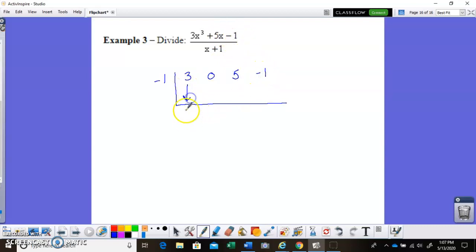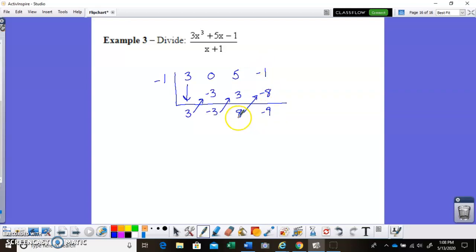Bring down the first number, multiply, negative 3. Add, negative 3. Multiply, positive 3. Add, 8. Multiply, negative 8. Add, negative 9.